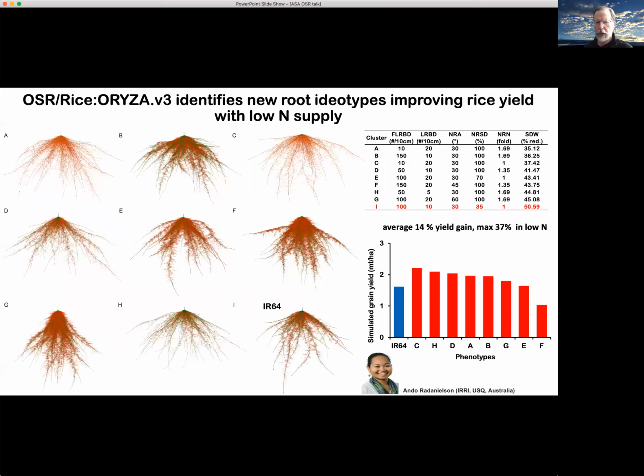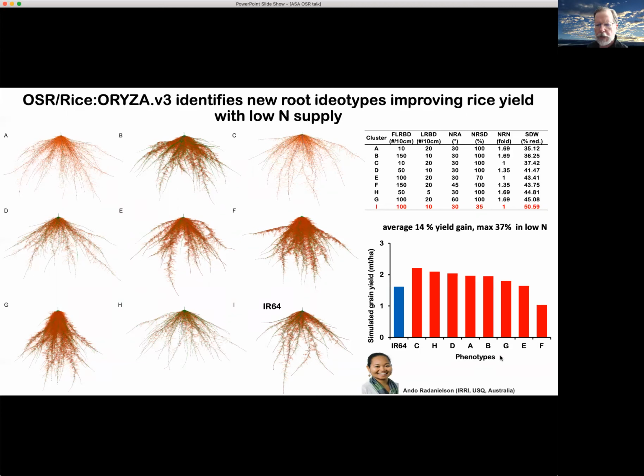This is a result of an example of one of those simulations. So this is a result of the integration of OpenSimRoot rice with ORYZA, where the model has identified several phenotypes shown here that are predicted to be superior to IR64. And ORYZA is able to simulate yield from those phenotypes.